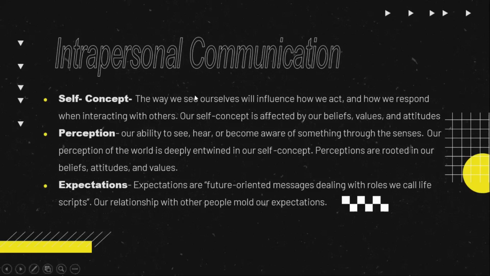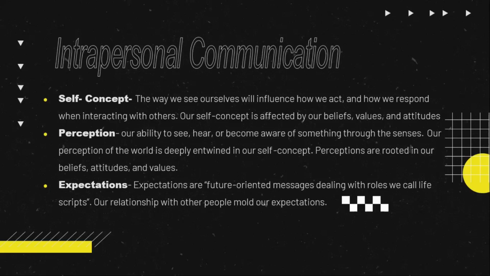Okay, next. Interpersonal communication is when we communicate with at least one other person or a small or large group. So if intra, we are communicating within ourselves.